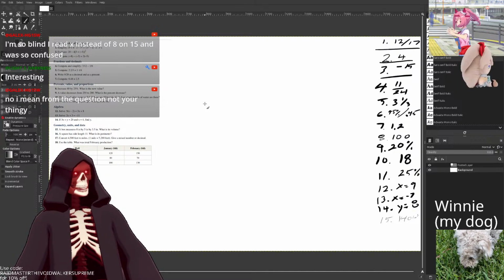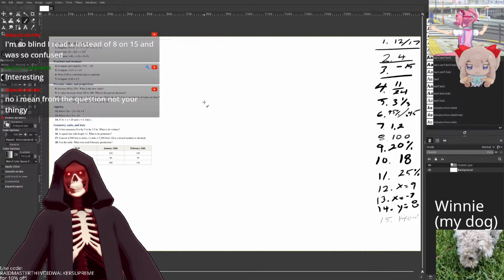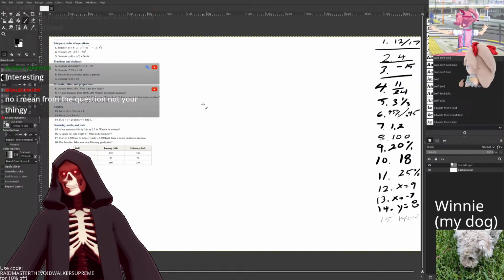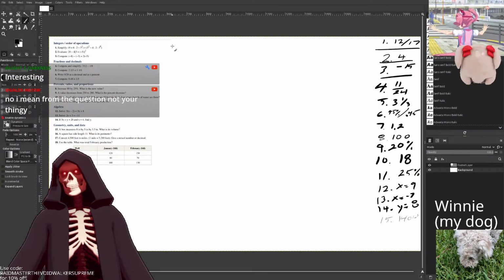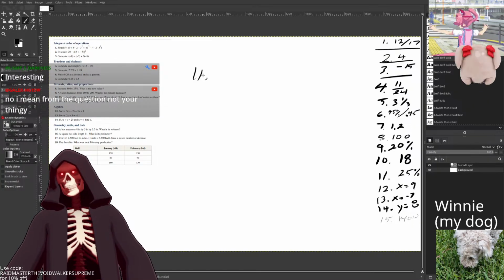16! No, I meant the question. Measure X in... Okay. Square has a side length of 11.